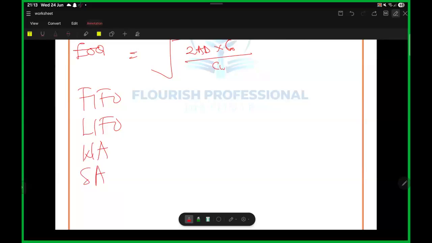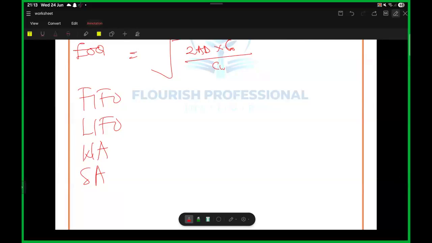FIFO means that the inventory that comes in first must be sold first. First come, first served. But LIFO says that the inventory that comes in last must be sold first. Do you understand?